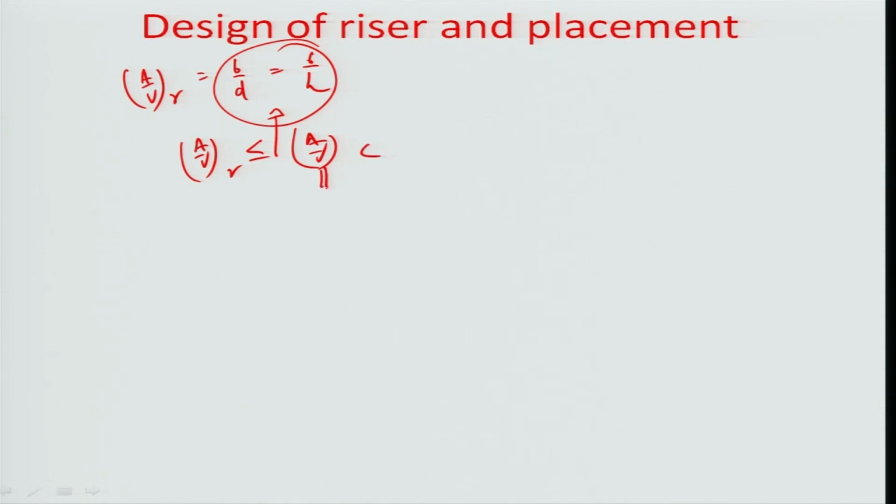The A by V of the casting has earlier been calculated to be 0.4, and so we simply have the force fitted condition as 6 by d less than or equal to 0.4 centimeter inverse. In other words, d is greater than or equal to 15 centimeters.